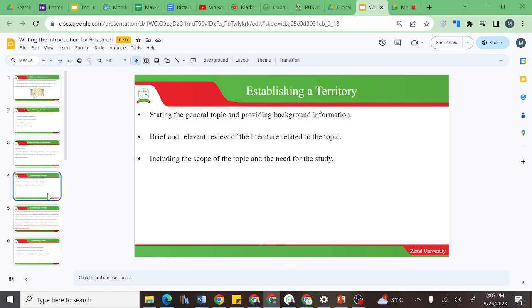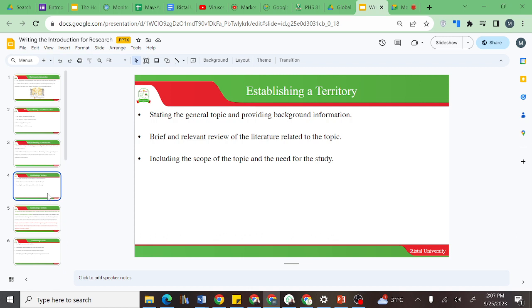So in the context of research, when we talk about establishing a territory, we are basically saying that there is that wider area of research that you're focusing on. So you're basically going to write around it.